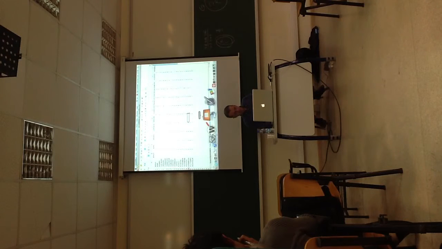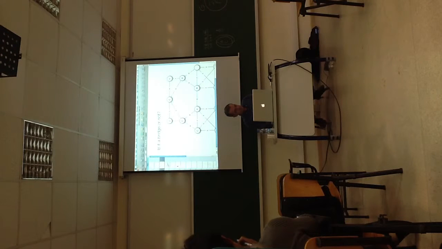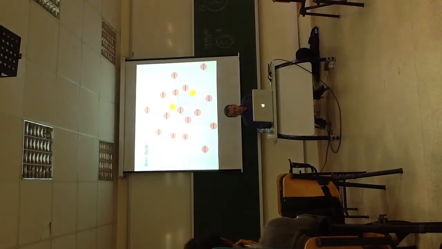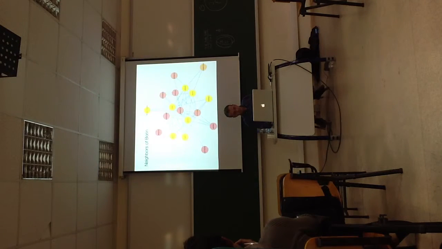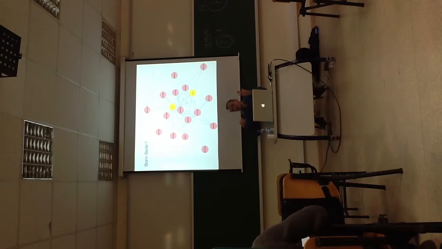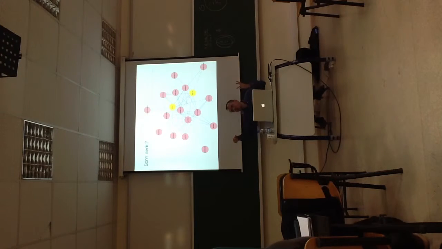let me pull this up. Yeah, Bonn and Berlin. If this link was broken, the only connection I have is through Munich. Of course there are other connections, but those other connections are more than 2 steps. So that's the reason that I'm not counting them.